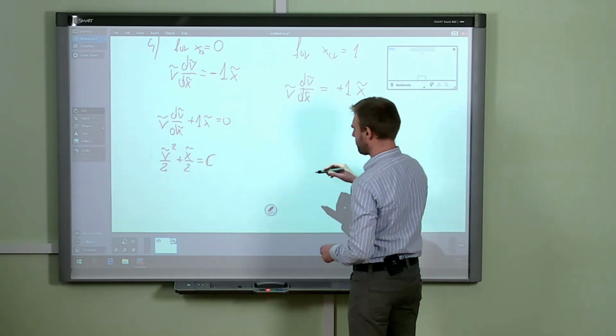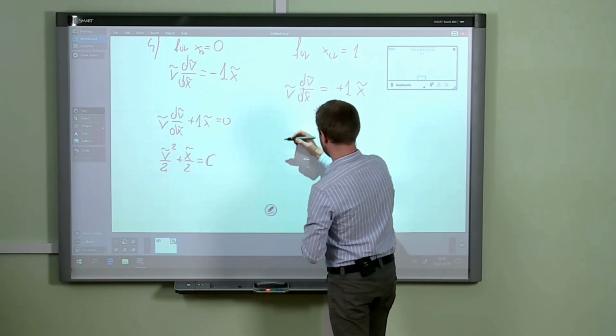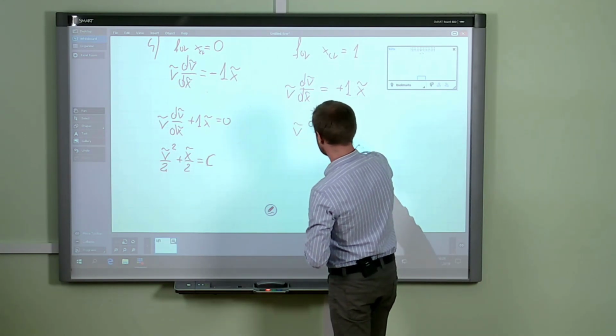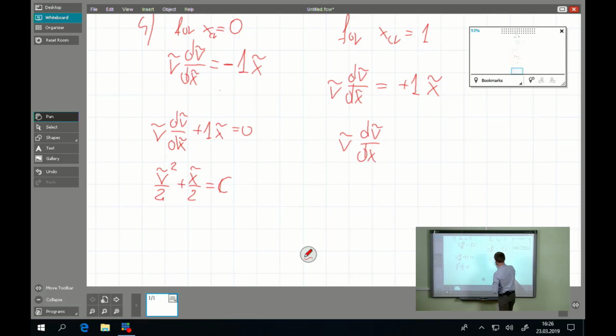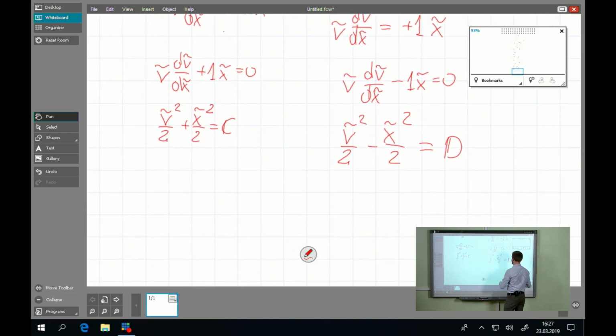If we are talking about that problem, we have such a linearized governing equation and here we have such a solution. Oh, I forgot, due to the integration, I forgot about the square, and it will be another constant of the integration, d.